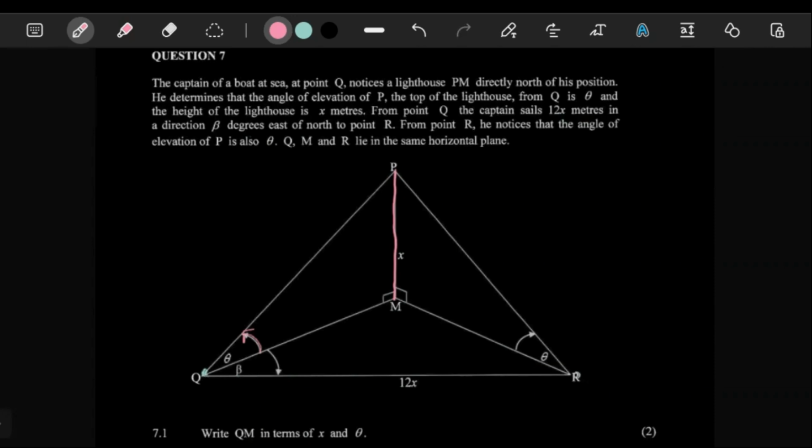He's not going towards R, right? And then he notices that the angle of elevation of P from R is also theta.